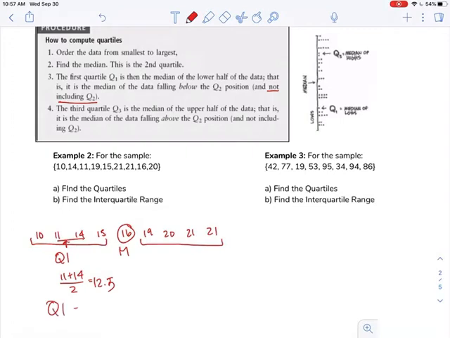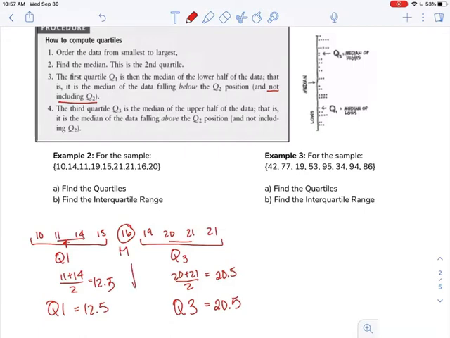So quartile 1 is 12.5. And I'm going to do the same thing here. 20 and 21 are in the middle, so I find the average of those 2. So 20 plus 21 divided by 2, and that gets me 20.5. So my quartile 3 is 20.5.